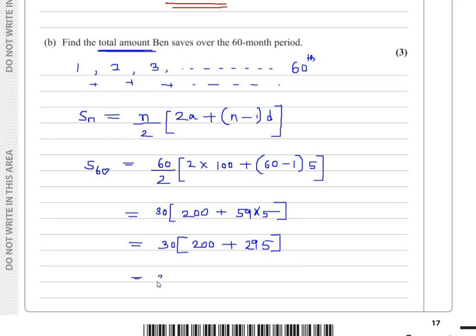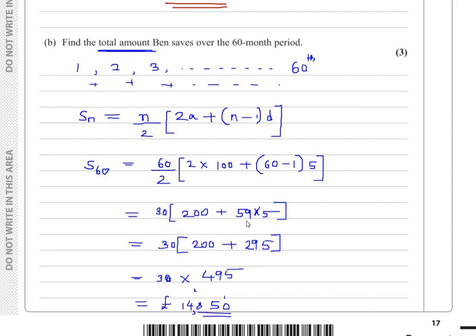We got 8 multiplied with 275. So that should give us 2,200 pounds.